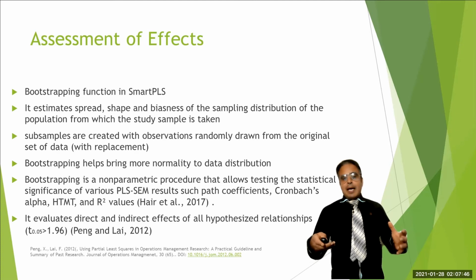In bootstrapping, you may choose between, for instance, 1,000 or 2,000 or 500 samples, subsamples. The higher you go with the number of subsamples, the more time it takes to process.